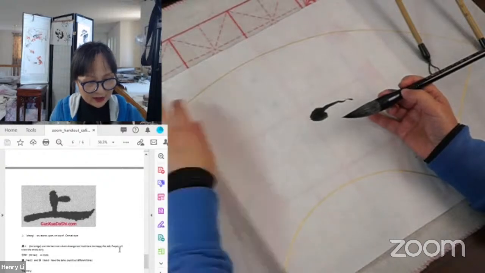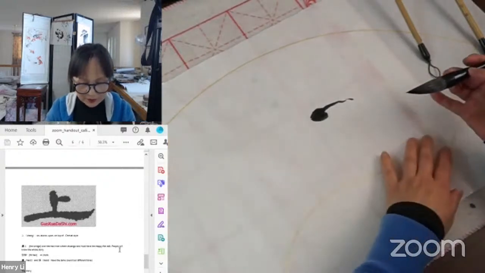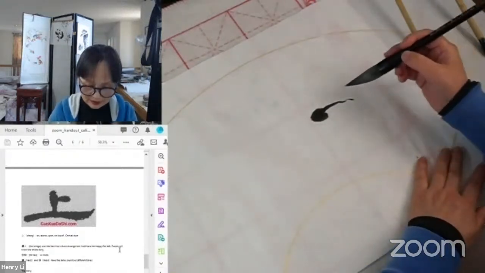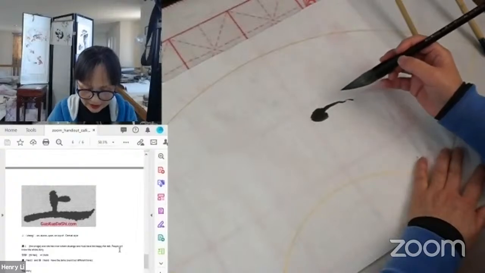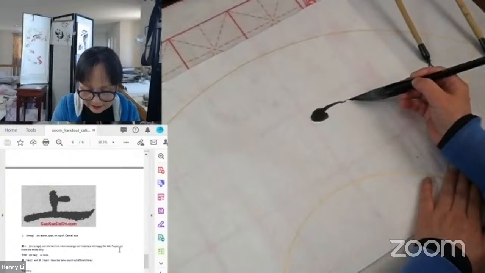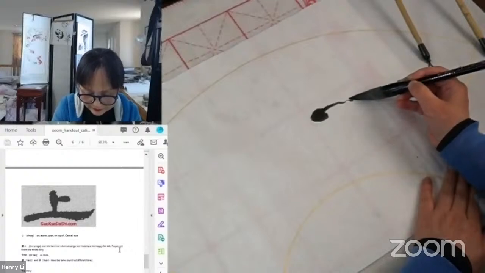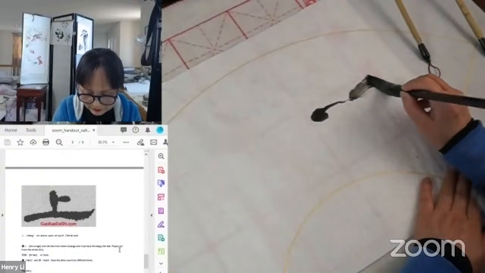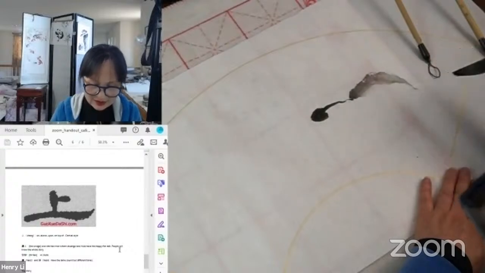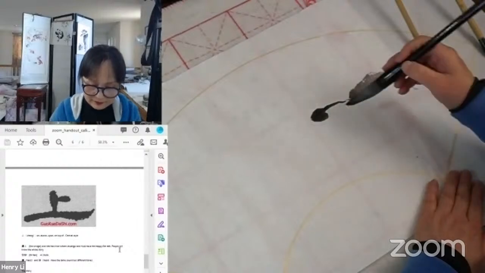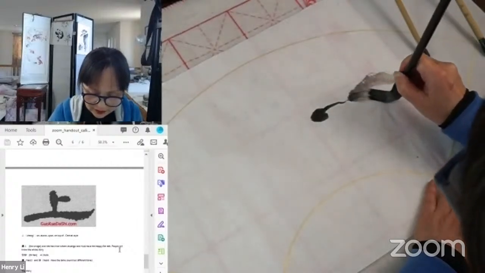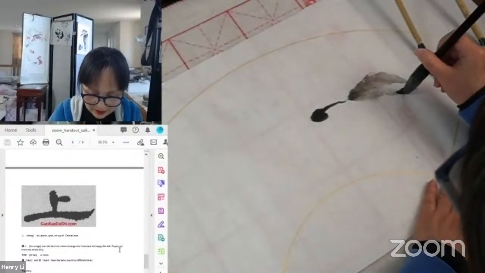You can do it like the bamboo leaves grouped, kind of apart and overlapping, but push to the side. And you can twist a little bit. The order doesn't matter.